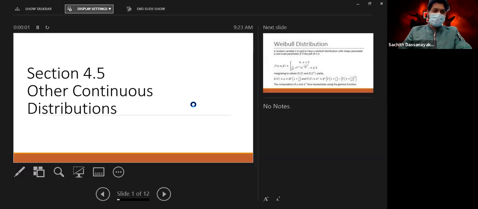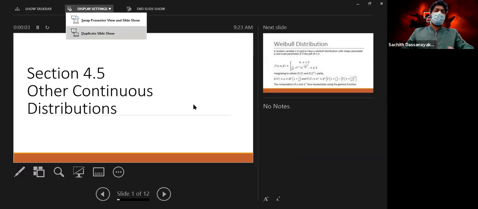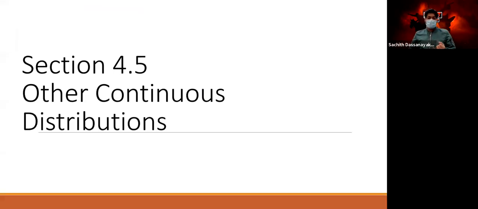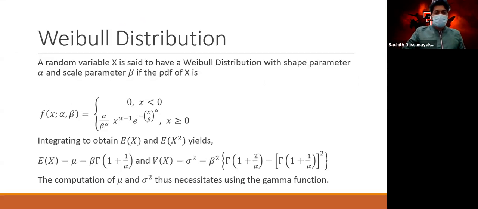As I mentioned, 4.4 and 4.5 are full of distributions. So already we've learned, except chi-square, 3 important distributions: normal, gamma, and exponential. Then we have a few more continuous distributions here as well. The first one is the Weibull distribution.